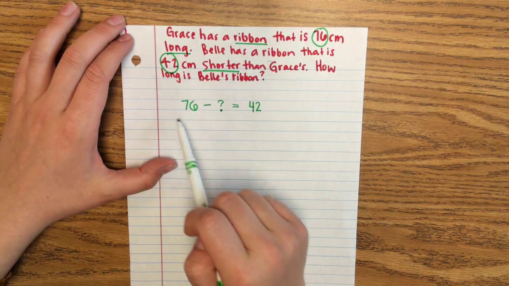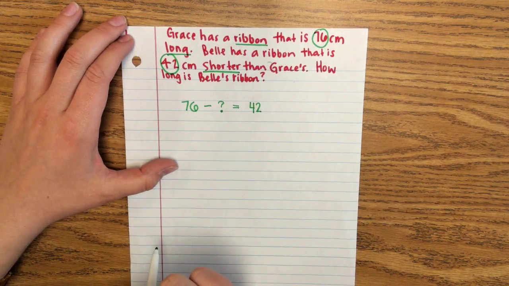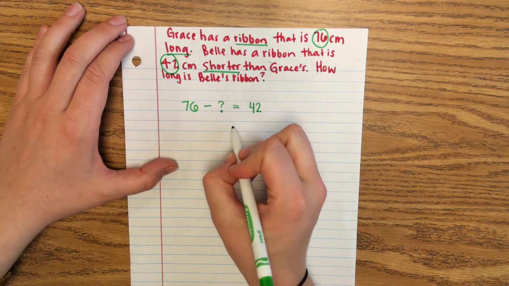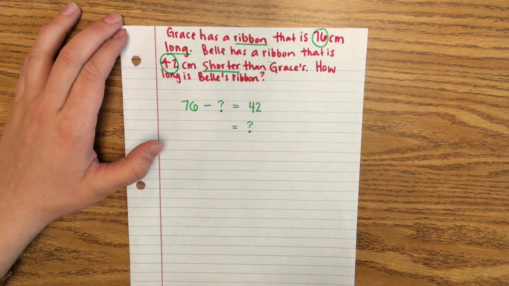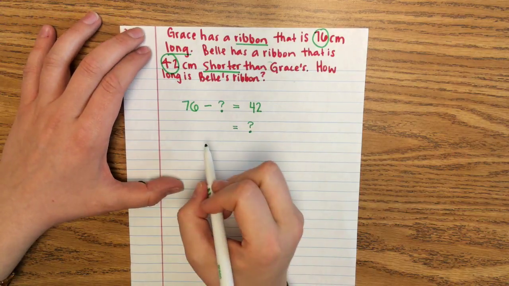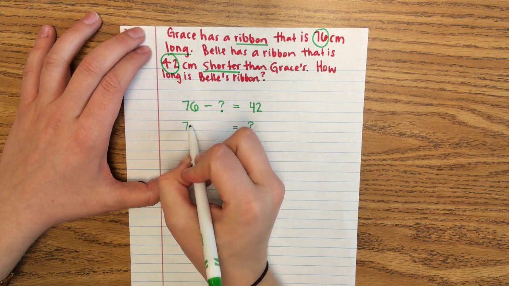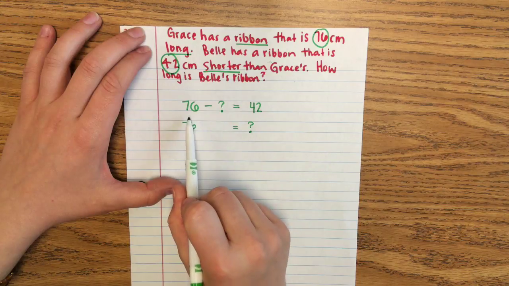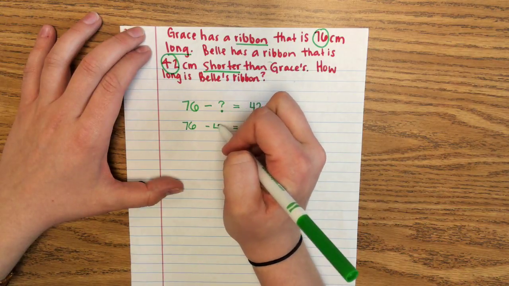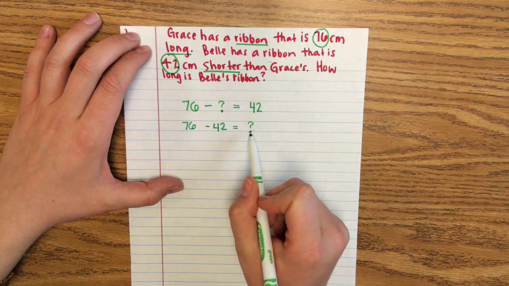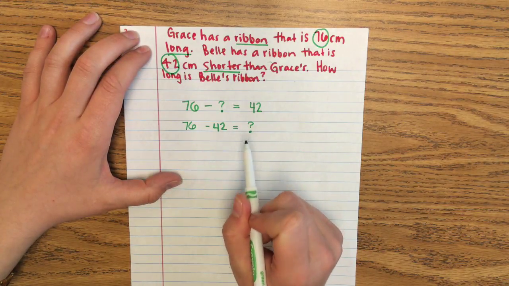Well, I have to rearrange this, so I know how to solve this. I know that when I rearrange my problem, I'm going to put my question mark at the end because it's my unknown number. I know that I'm still going to have 76 to begin with because it's my greater number. And that I'm going to take away 42 to figure out how much ribbon Belle has.